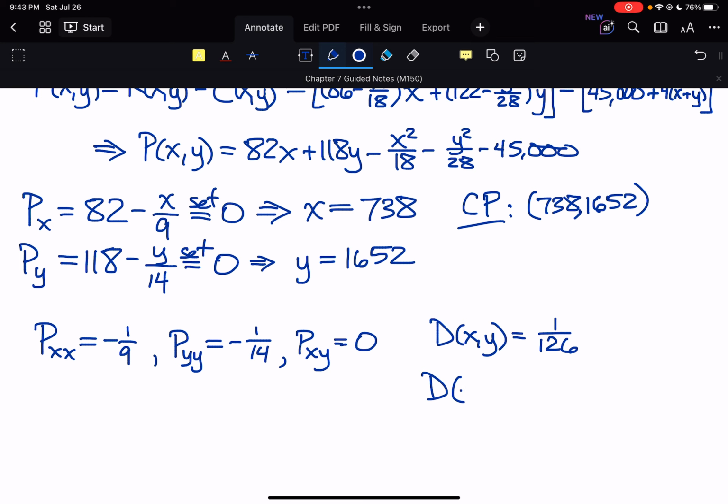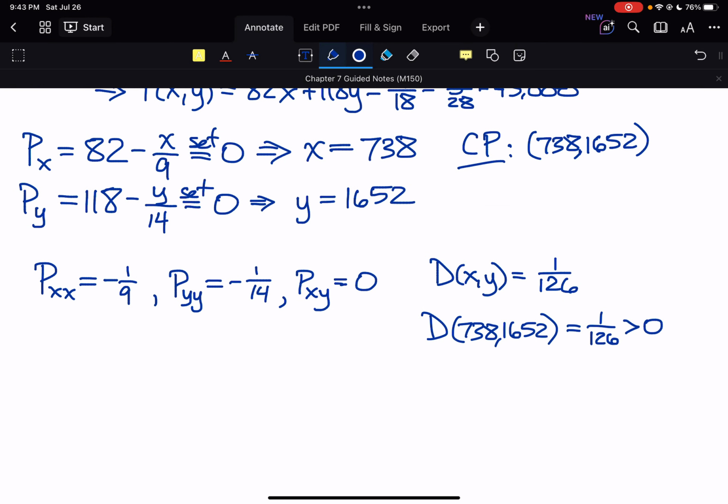So D of 738, 1652 is still 1 over 126, which is a positive number, which means there will be a max or a min. And then if we check Pxx at 738, 1652, which again is still just going to be negative 1/9, that tells us we have a maximum there.